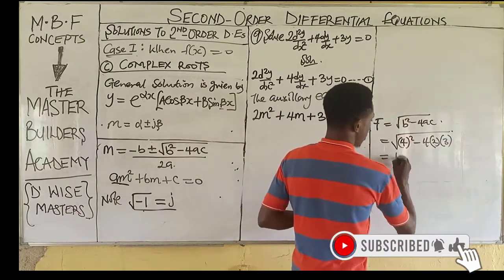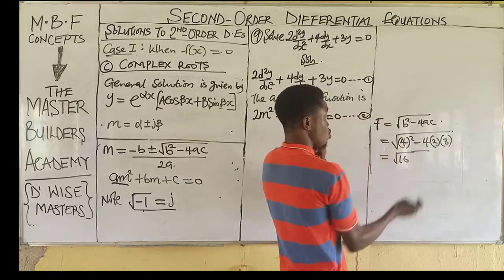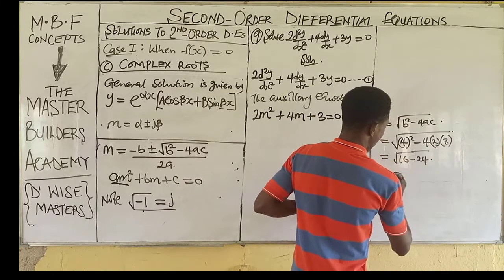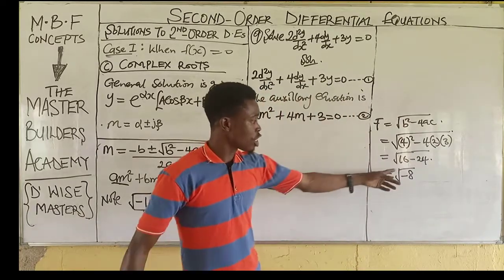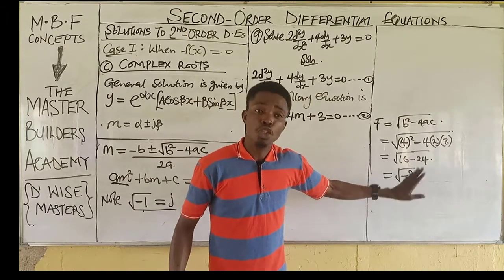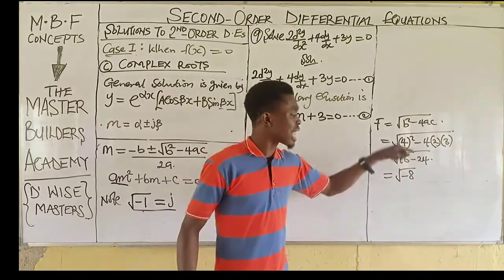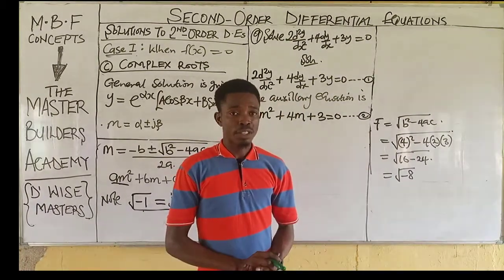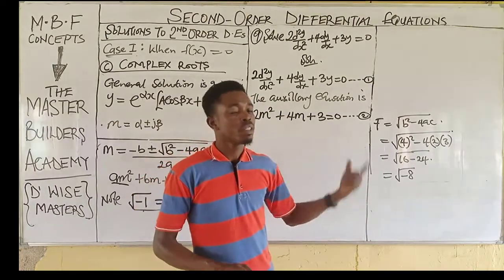So when we multiply, this will have given us 16. 4 multiplied by 2 is 8, and 8 multiplied by 3 is 24. And this will have given us the square root of minus 8. When we remove 24 from this, we have a negative result. It shows that this is not factorizable. As long as we have a negative value inside the square root, this particular equation is not factorizable. So therefore, the factorization method cannot solve this equation.